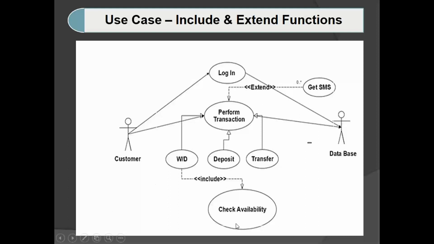So you will get a message saying that you have insufficient balance. So check availability is the include function. Here we are going to give conditions. If this condition is satisfied, then only your base action will succeed. If the condition is not satisfied, then the base action won't succeed.